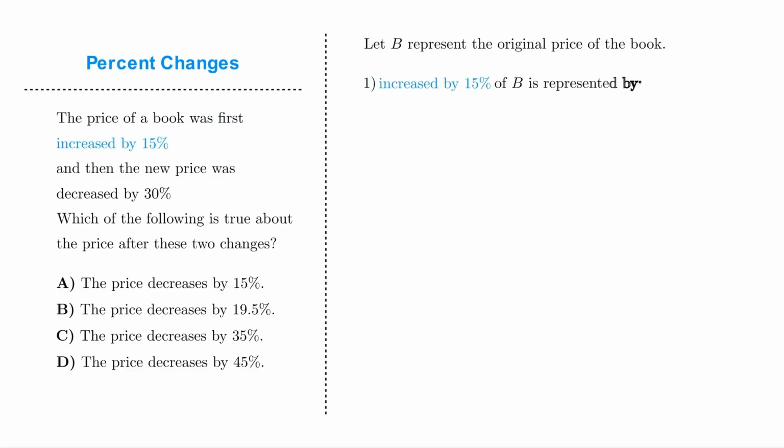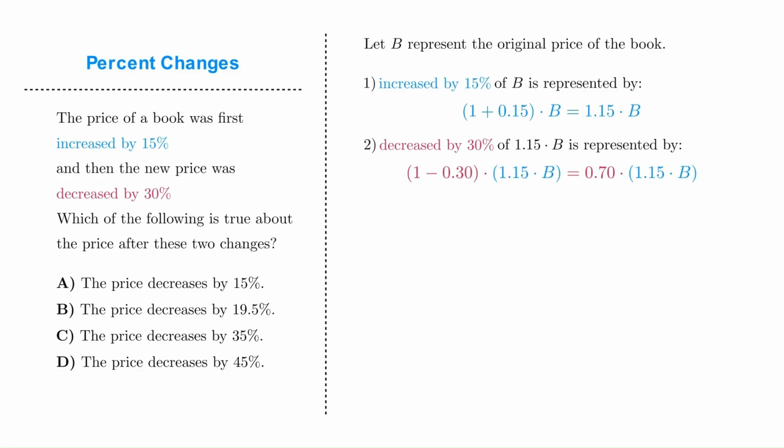First, a 15% increase on B is represented mathematically by multiplying B by 1 plus 0.15, which simplifies to 1.15 times B. Second, we apply the 30% decrease to this new price. A decrease of 30% on 1.15 B means we multiply that value by 1 minus 0.30, or 0.70.